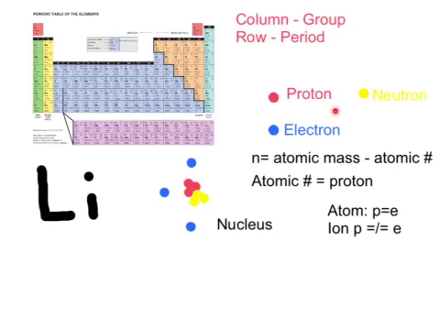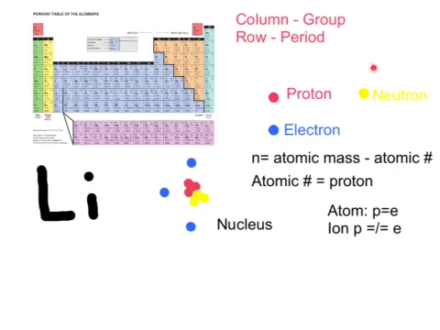The protons, which are the red dots, are subatomic particles that have a positive 1 electric charge. And the yellow dot, the neutron, is a subatomic particle that does not have an electric charge.